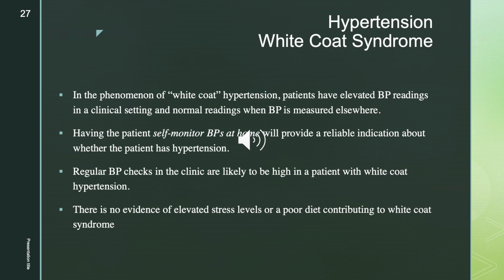So please understand there's no evidence that elevated stress levels or a poor diet contribute to white coat syndrome itself, okay? Because I'm stressed about what happened to my mom 4.5 years ago is not the reason I get white coat syndrome coming in the door. And a poor diet is no significant contributor to that whatsoever.